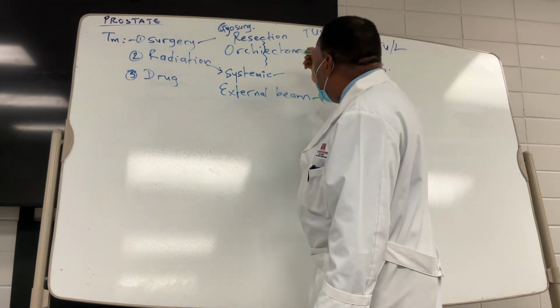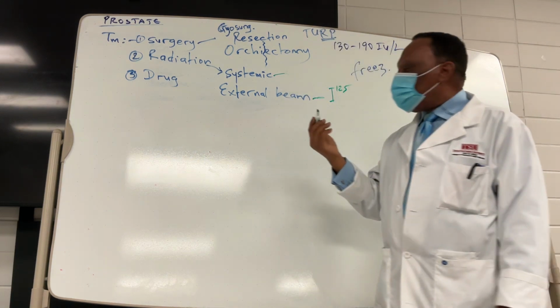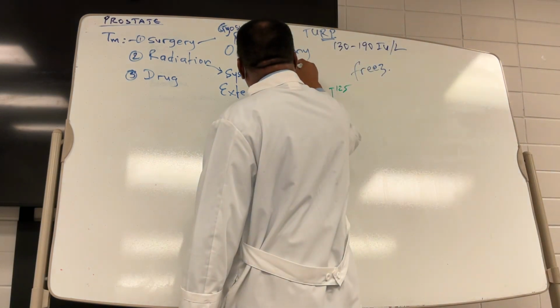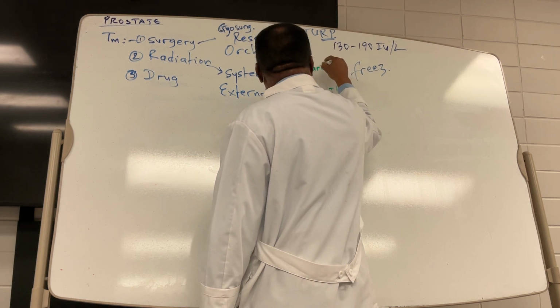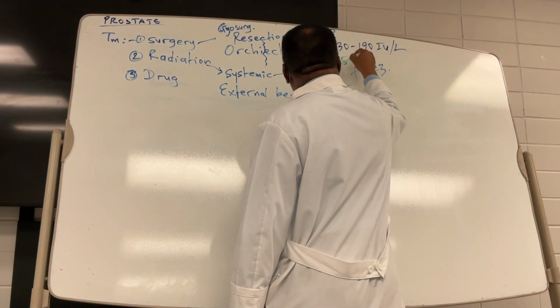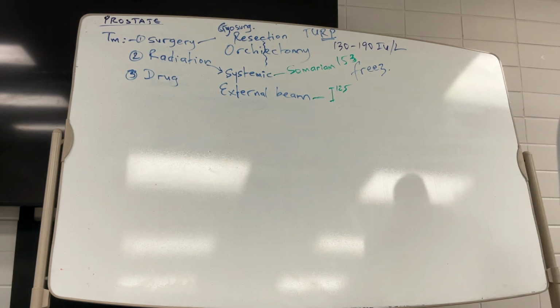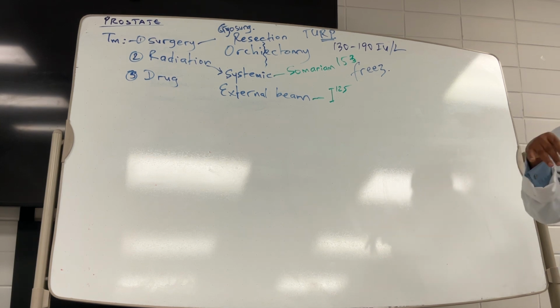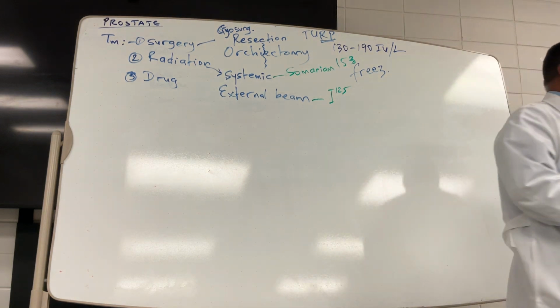Or one can use the systemic, in which case you can use samarium. Samarium 153. That is used systemically. You're using radioisotopes that can target the bones when you're doing systemic radiation. Okay.